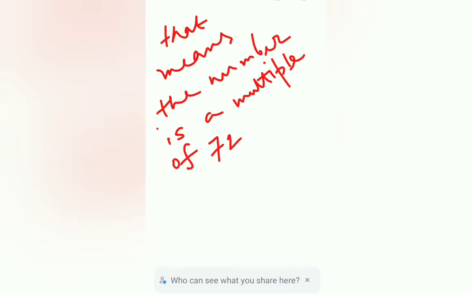That means the number is a multiple of 72 and a multiple of 108.